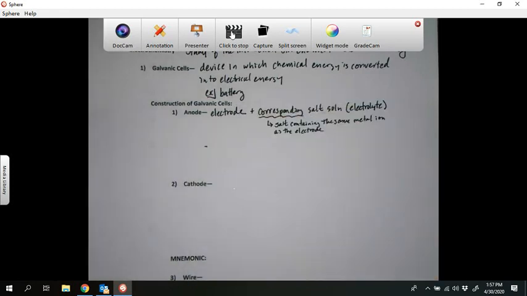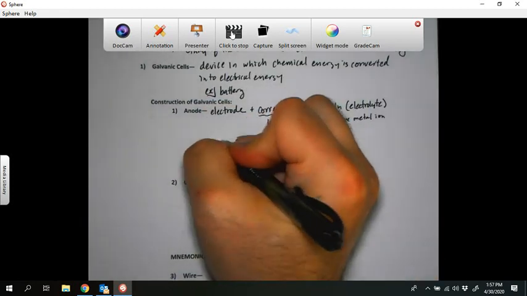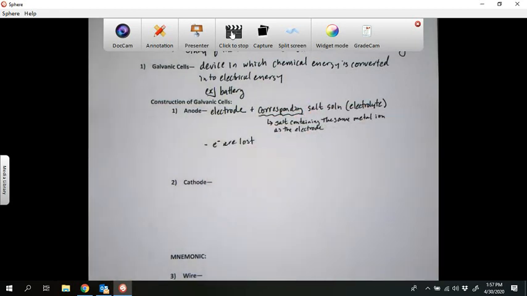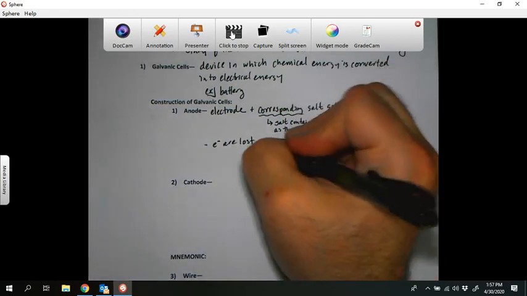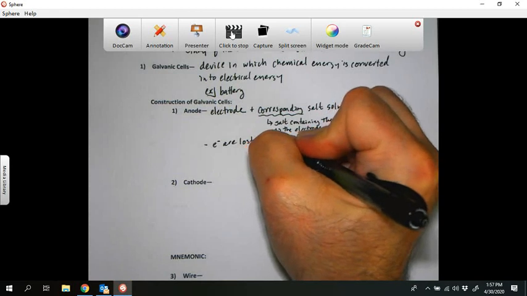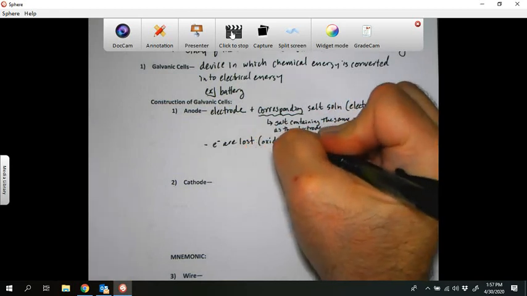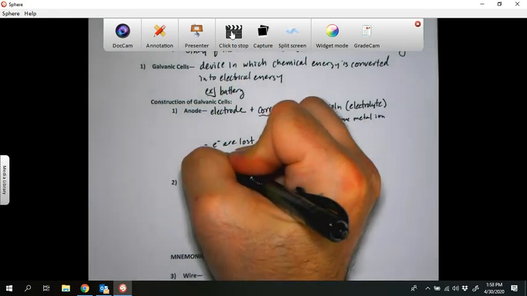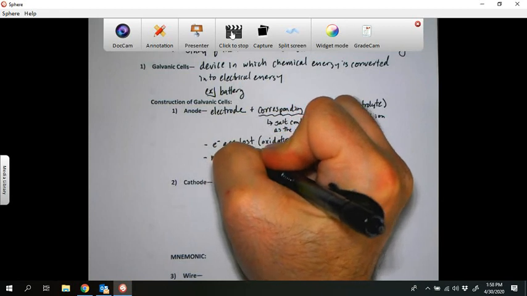Now at the anode, electrons are lost. So if we remember back to our redox, if electrons are lost, that is the definition of oxidation. And this is where we have the reducing agent. So at the anode, electrons are lost. So what happens here is the mass of the electrode decreases.